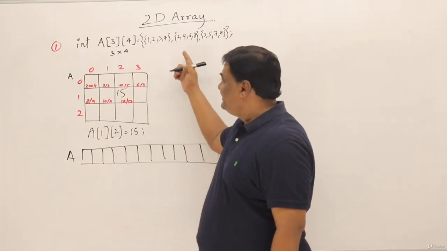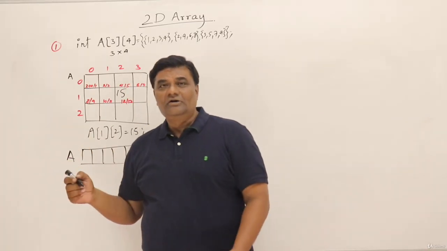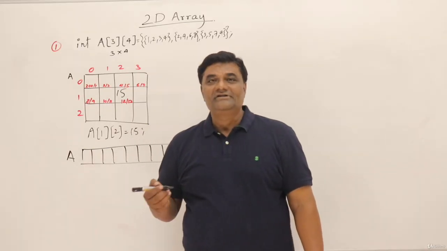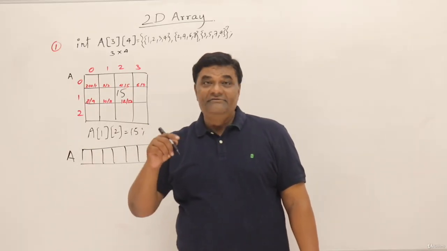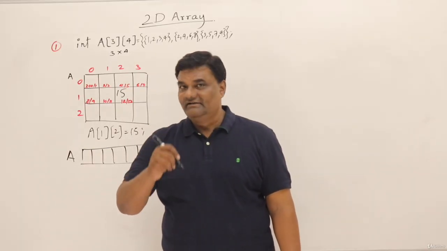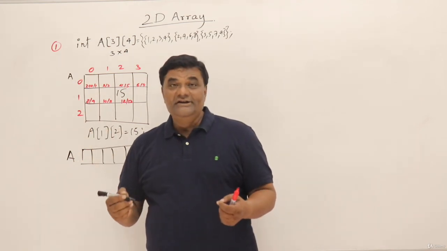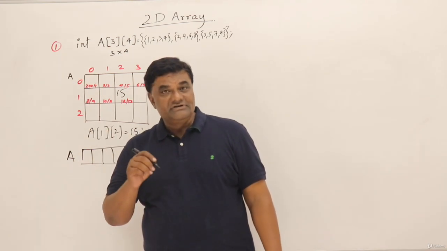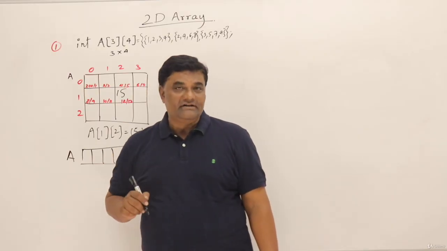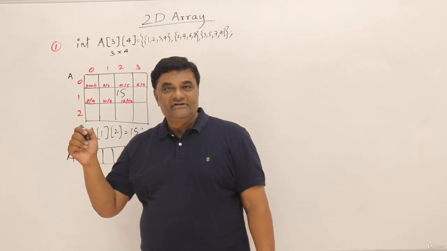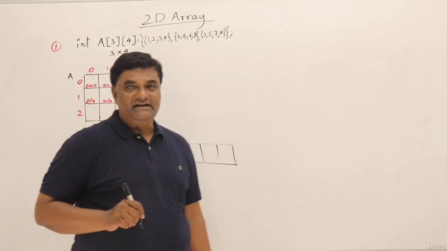This declaration and initialization is common in C and C++, and the same syntax is used. The array will be created inside the stack because it is just like a variable. There is no new operator used. Once you use the new operator, only then will the array be created in the heap. So this is the first method of creating an array, inside the stack.